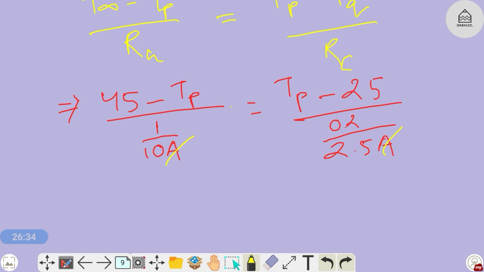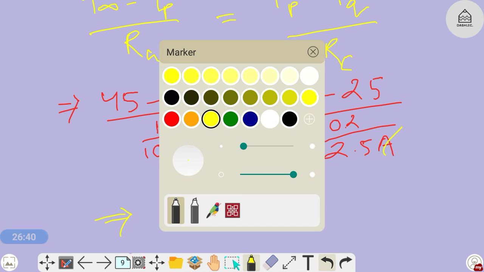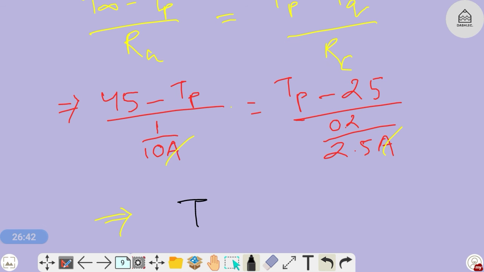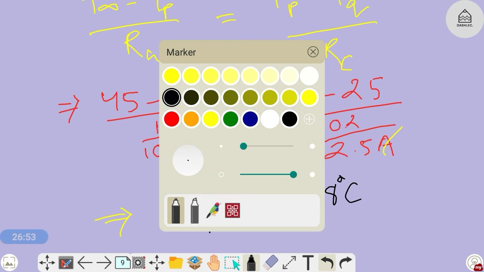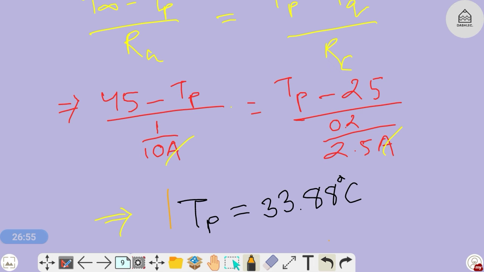We need to find out just TP, because there is only one unknown. TP is equal to 33.88 degrees Celsius. This is our TP.